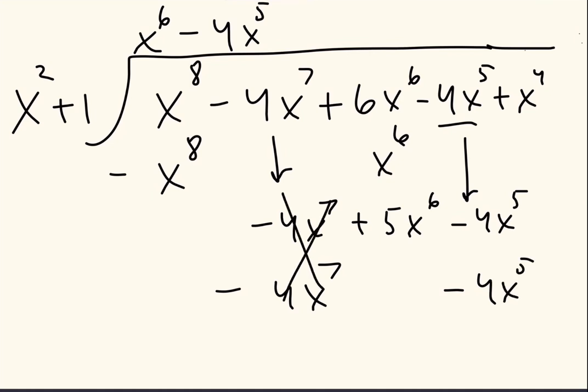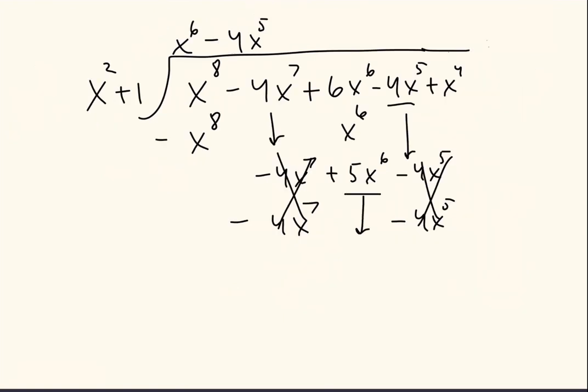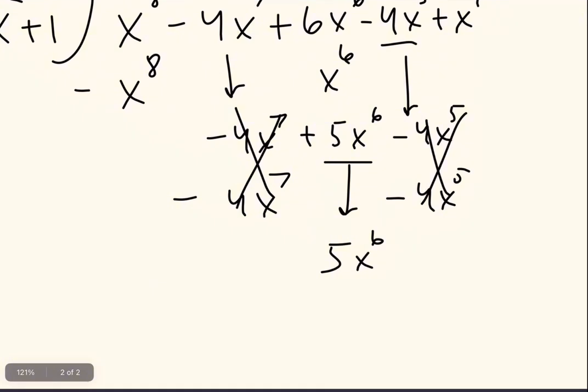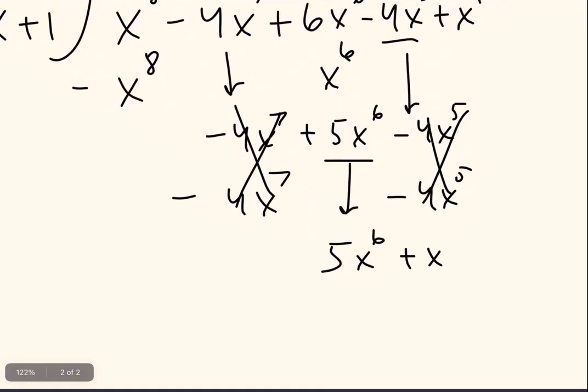So negative 4x to the power of 7 gets cancelled out, and so does negative 4x to the power of 5. We bring down 5x to the power of 6, and we also bring down the next term, which is x to the power of 4. So we would write 5x to the power of 6 plus x to the power of 4.